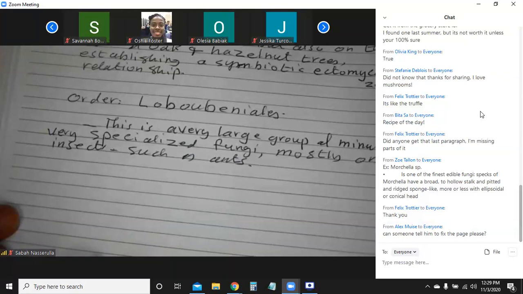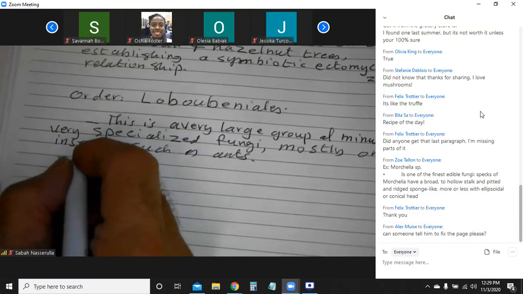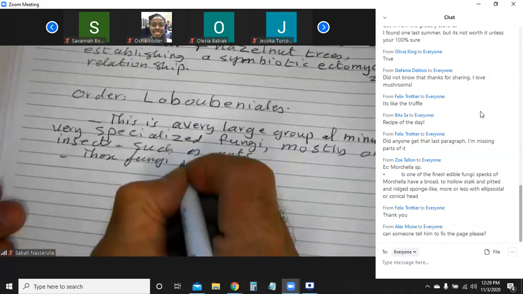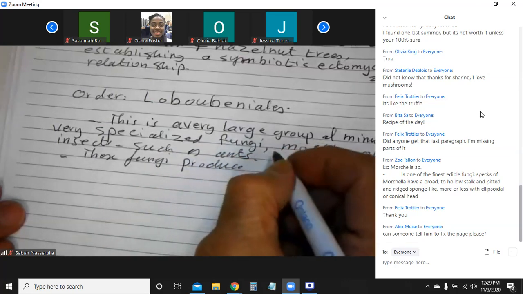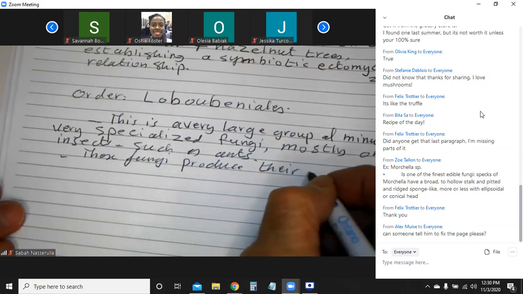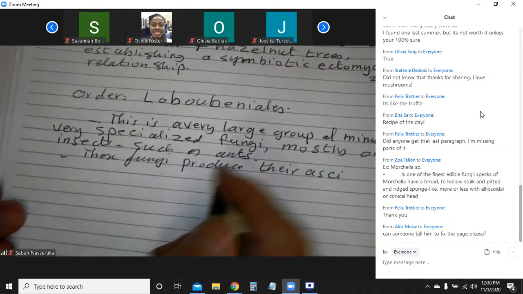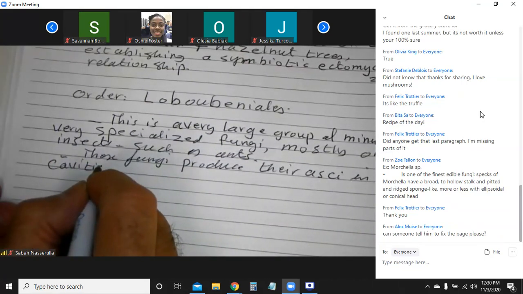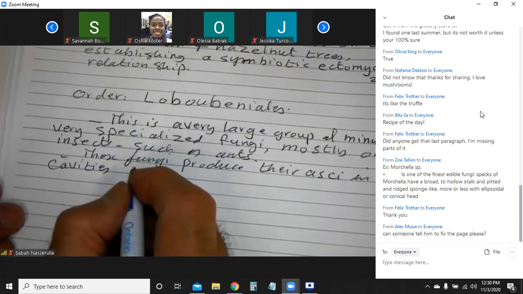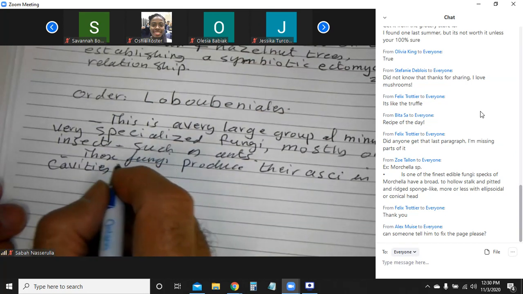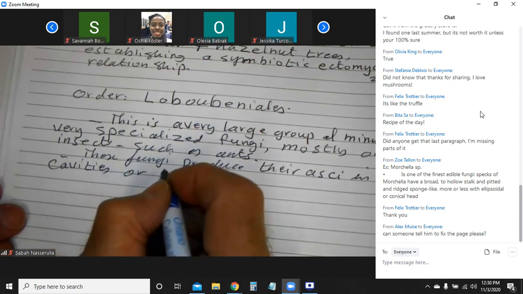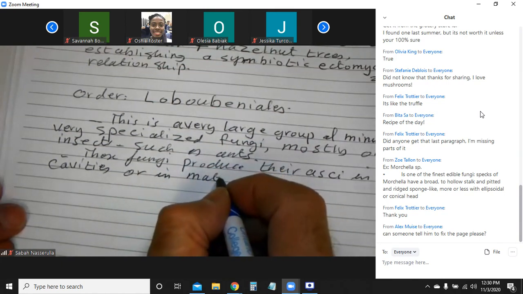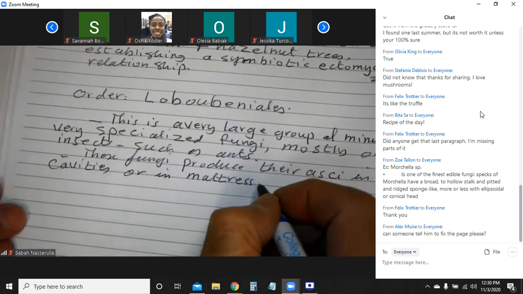Now just to have a few lines on this, these fungi produce their asci in cavities or in mattress-shaped structures.